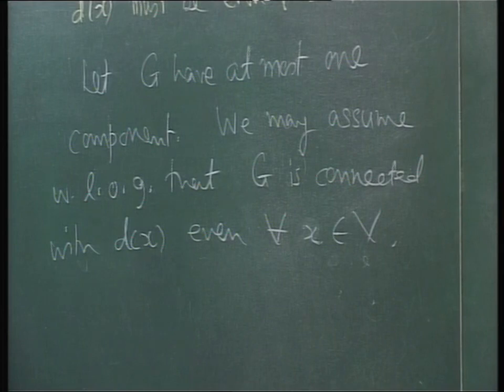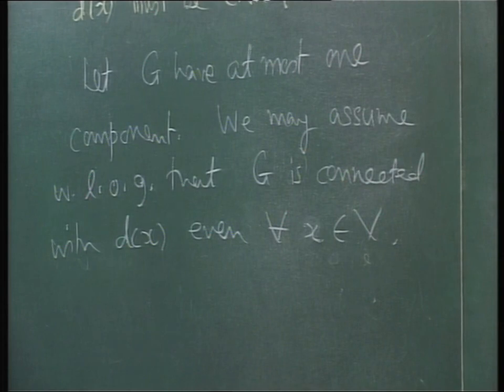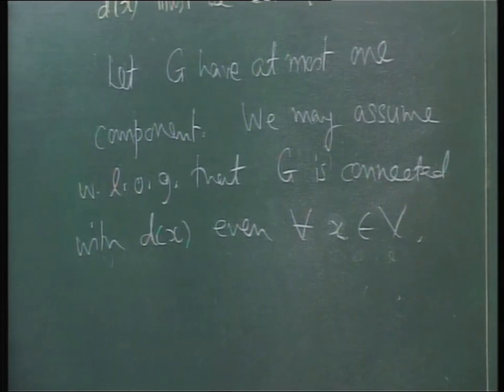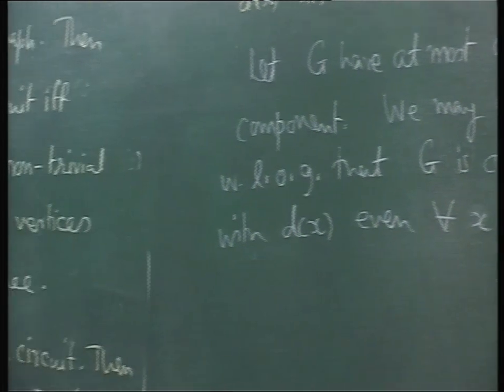Now if your graph is connected and the vertices have even degrees, then the minimum degree must be at least 2, because all degrees are even. You cannot have a vertex with degree 0 because the graph is connected.